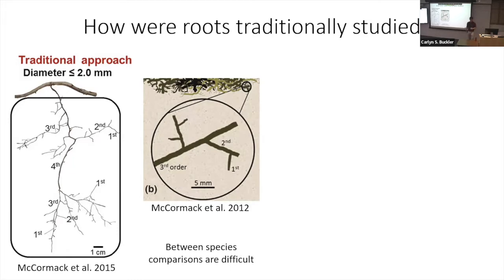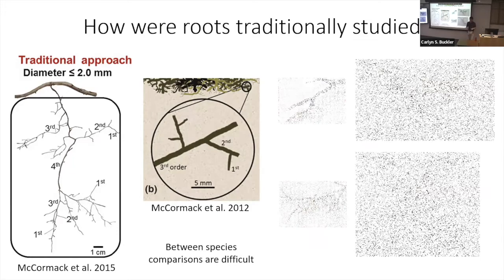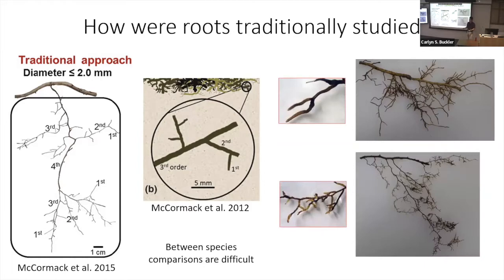And the reason for this is because of the vast diversity of morphologies of root systems in the world, right, or in the environment. And so here we have two different tree species that I've taken from my study. Up the top here, this is the tulip tree, and down the bottom here, I believe this is maple, but I could be wrong.